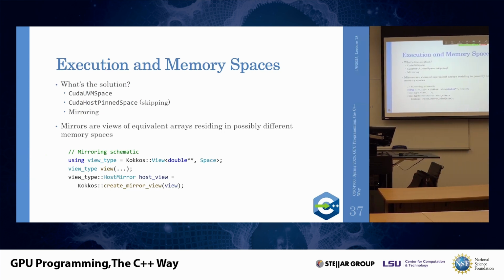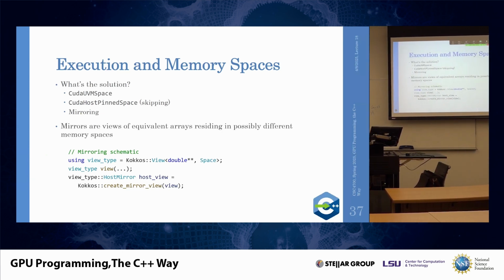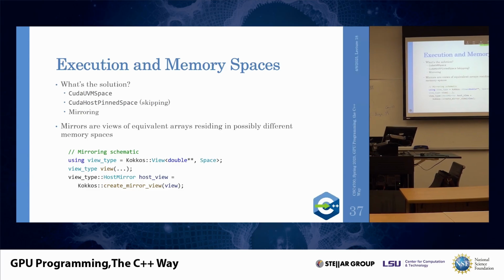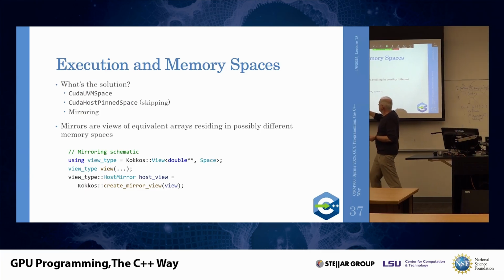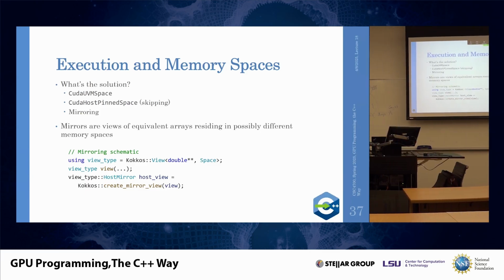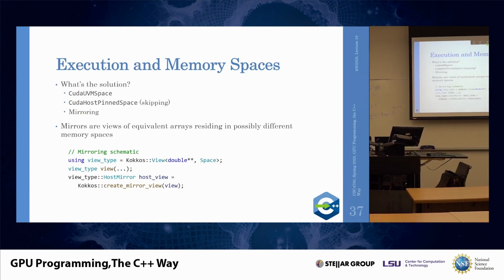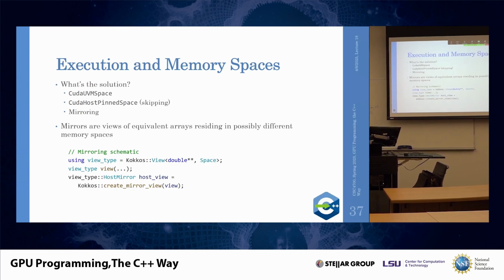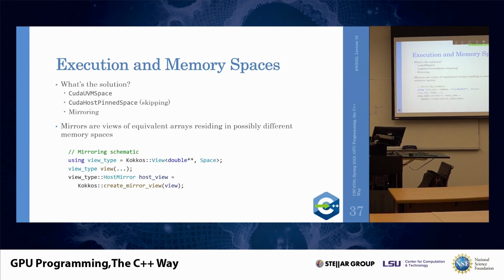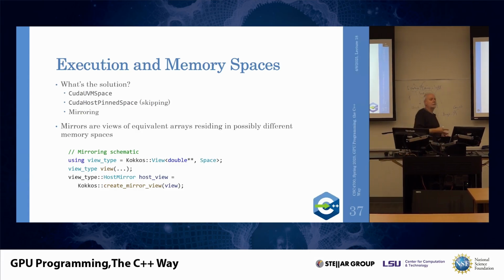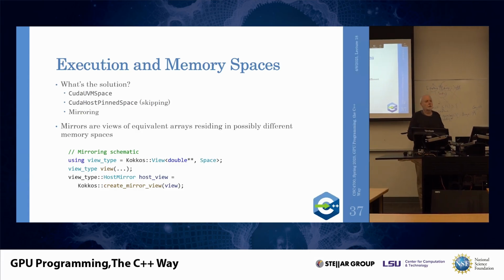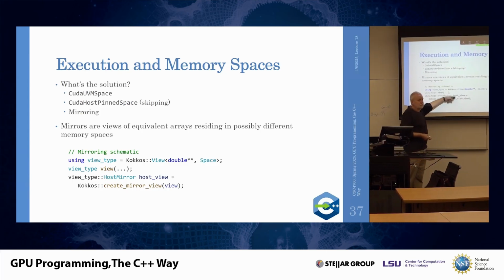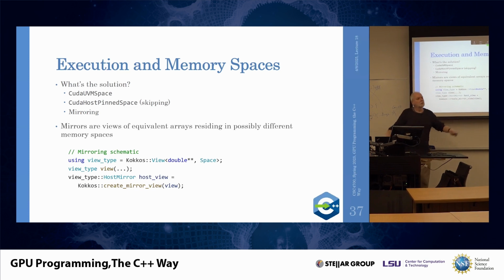So what you do, you have some view on some predefined space, it doesn't matter, and you say, I want to have that data mirrored on the host. And I call the function create mirror view, and it will create a copy of the data if the data is not accessible from the current space. So this will give me two copies of the same data living in two different memory spaces.